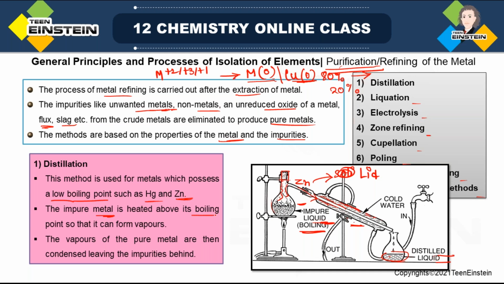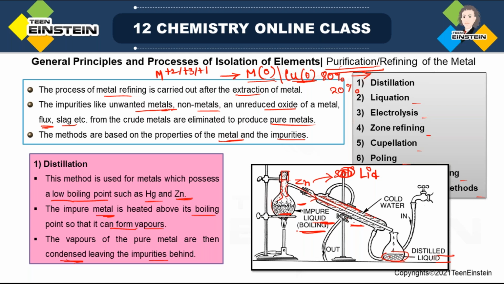The impure metal is heated above its boiling point so that it can form vapor. Now the vapor will be condensed in this condenser. It is known as a condenser because it is helping in the condensation process, leaving behind the impurities. So impurities will remain here, because compared to the impurities, the metal that you are actually purifying has a low boiling point.